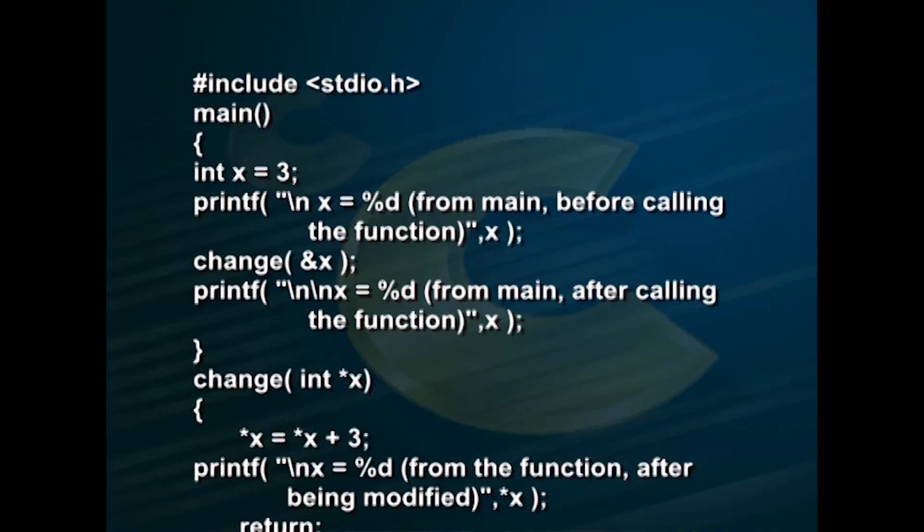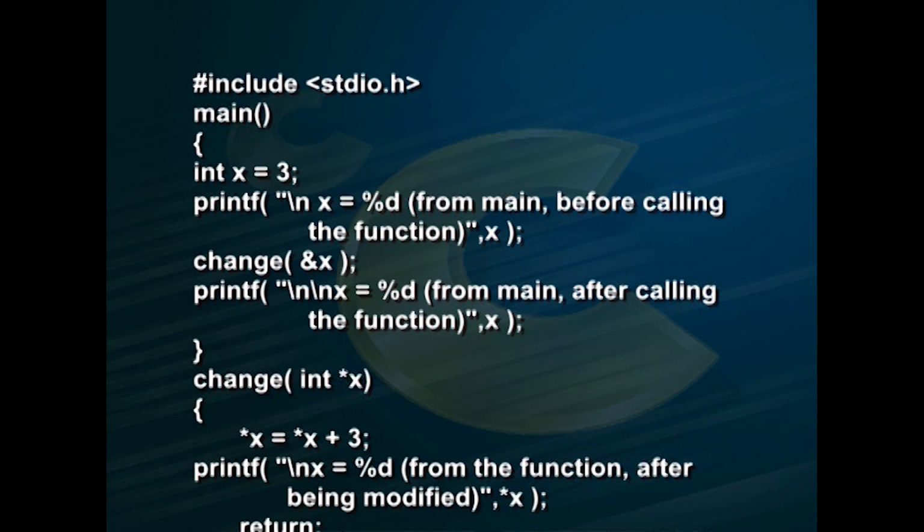Let us consider an example which explains the pass by reference method. In this program, within main, we declare an integer variable x is equal to 3 and print the variable x from main before calling the function. Then we call the function change by passing the address of x to the function, then print again the value of x from main after calling the function.